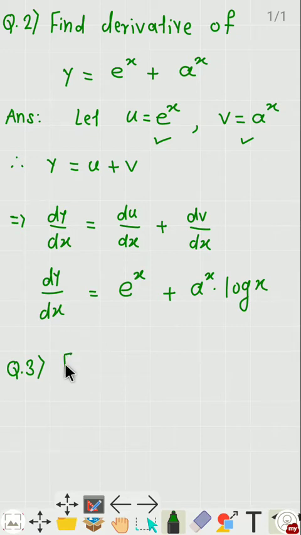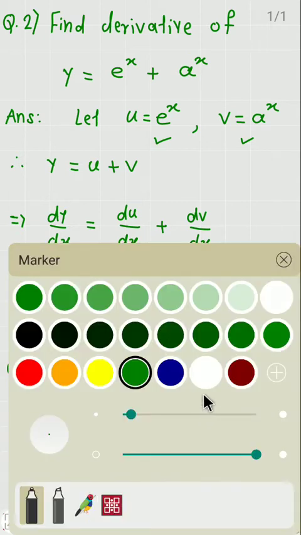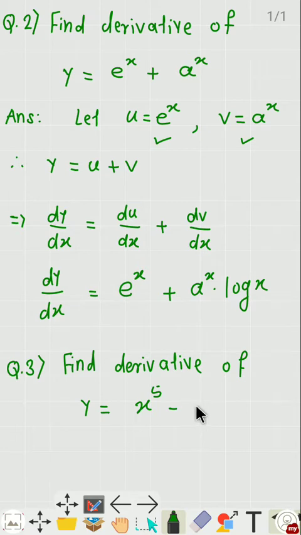Let us go to question number 3. In this third question we again write the derivative of the function y. The function given to you is, suppose, x raised to the power 5 minus 3 times e raised to the power x.